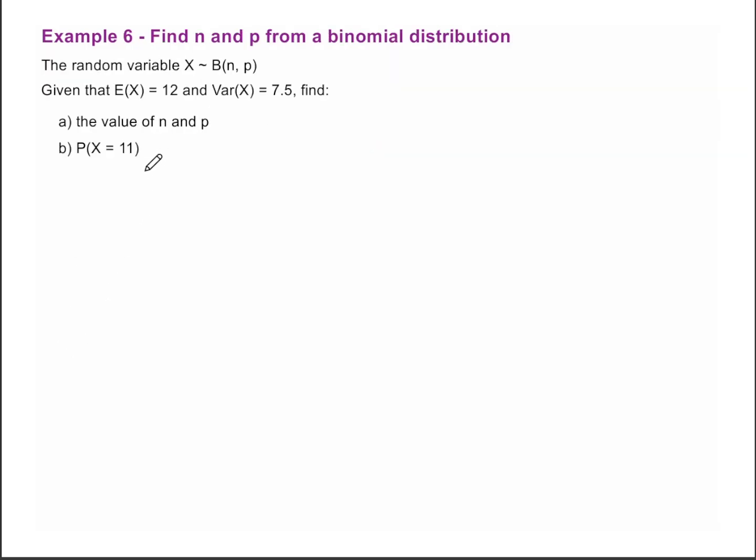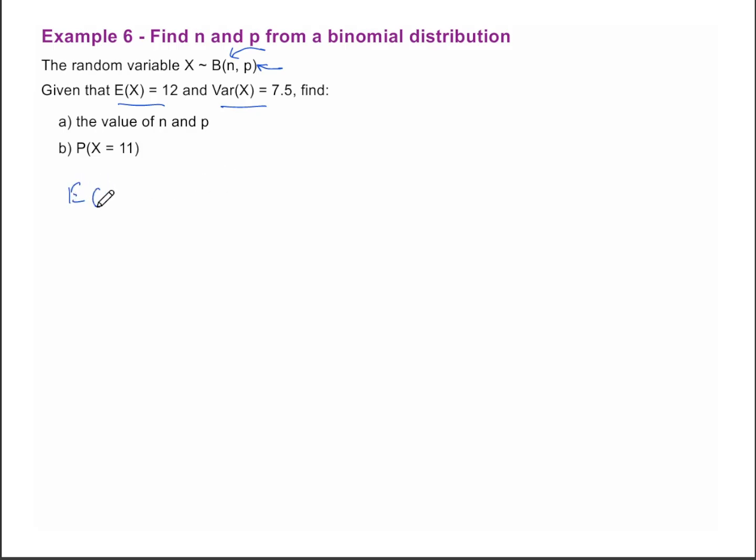Next, we've been given that the discrete random variable x is binomially distributed with n number of trials and the probability of success being p. Then we're given the expected value of our discrete random variable x, and we're given the variance of our discrete random variable x. Then we're told to find the value of our number of trials n and the probability of success p.